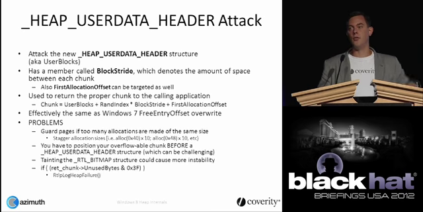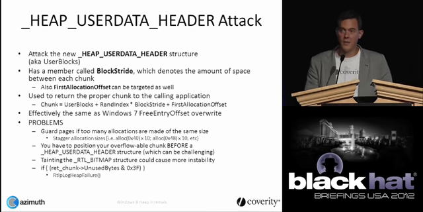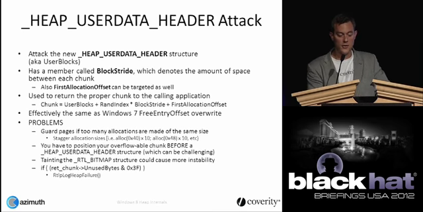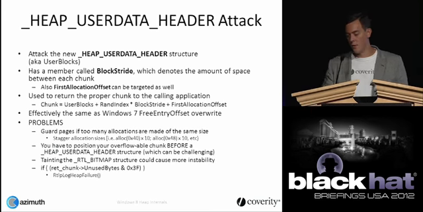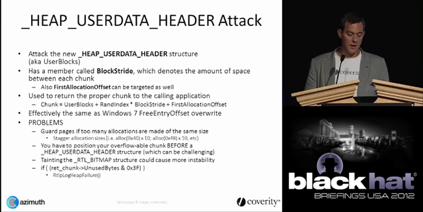Tainting that bitmap that's used to determine where free chunks are could also end in access violations if overwritten with inappropriate values. Lastly, I think the chunk being returned from this calculation actually has to be free as well. It can't be busy. So there are quite a few prerequisites to get this working.